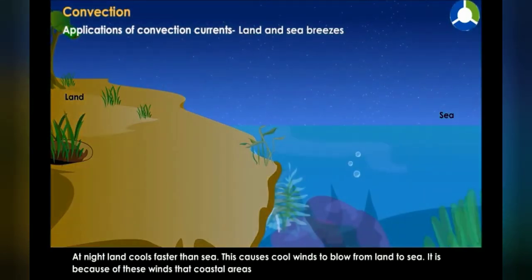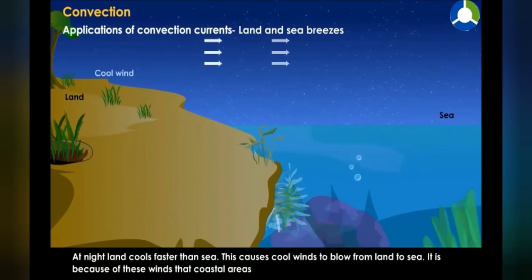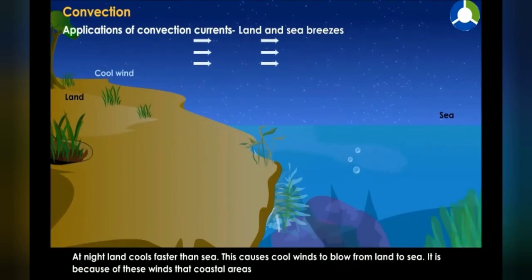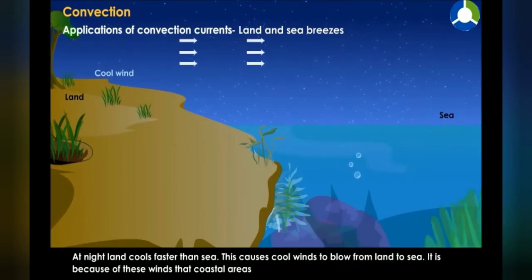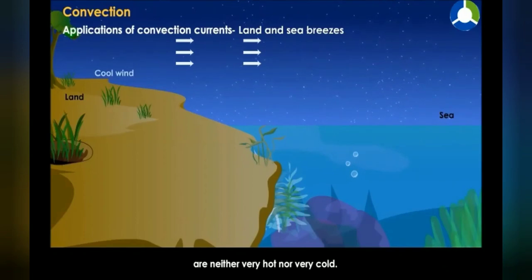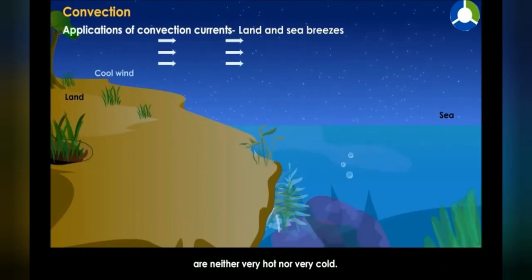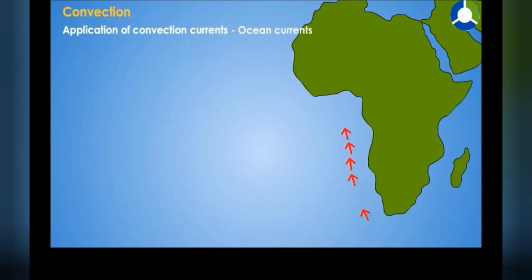At night, land cools faster than sea. This causes cool winds to blow from land to sea. It is because of these winds that coastal areas are neither very hot nor very cold. Ocean currents.